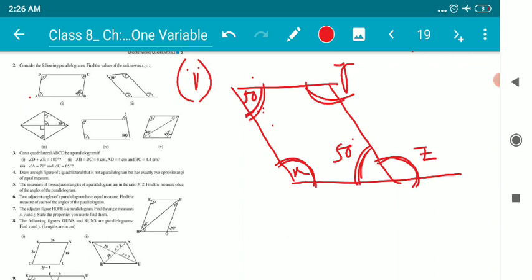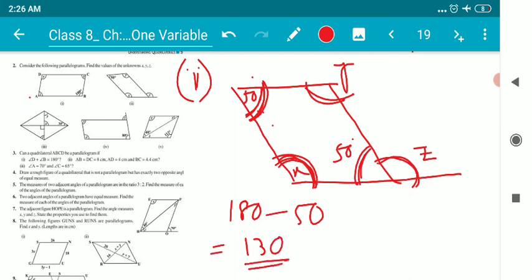Fine. Now children, this is 50. This angle x will be 180 minus 50, which means 130 degree, because these two angles are adjacent angles.